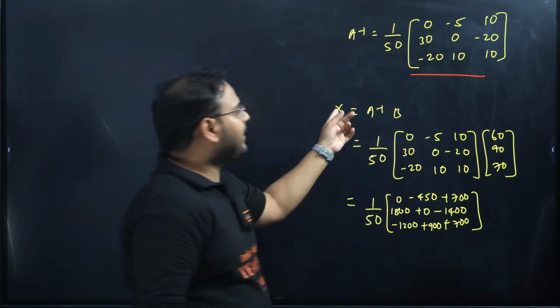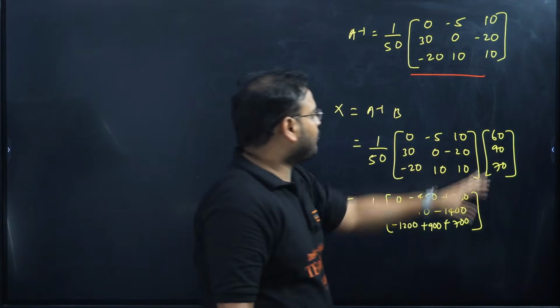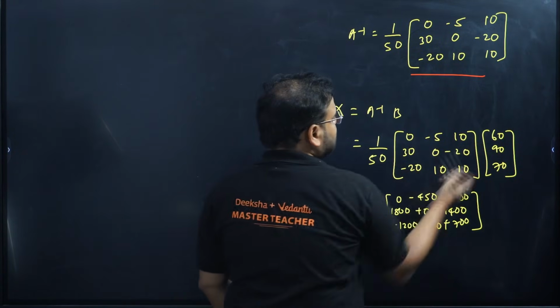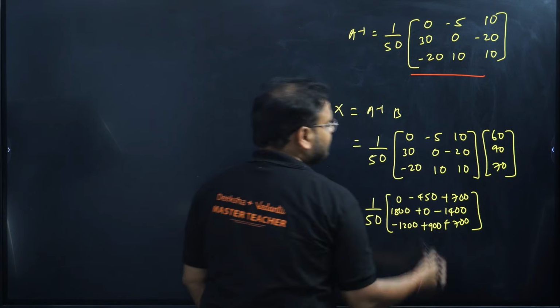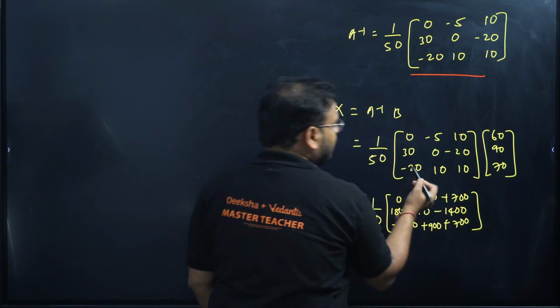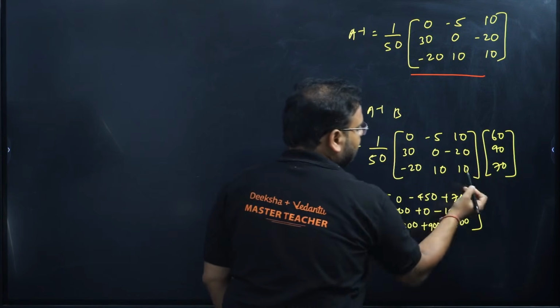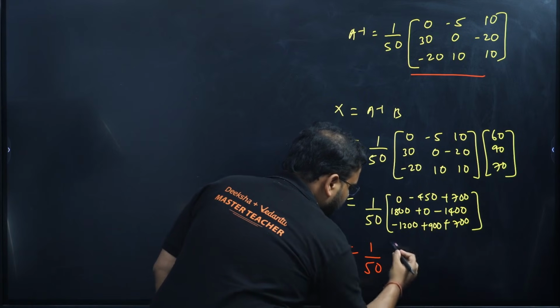Now I want to find X. How do you find X? A inverse into B. A inverse you already got, product you're going to take. 0 into 60 is 0, minus 5 into 90 is minus 450, 10 into 70 is 700, 30 into 60 is 1800, 0 into 90 is gone, minus 1400, minus 1200, 900 and 700. Simplify this please. 1 by 50 you have.